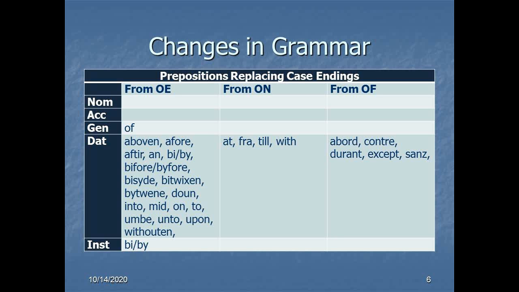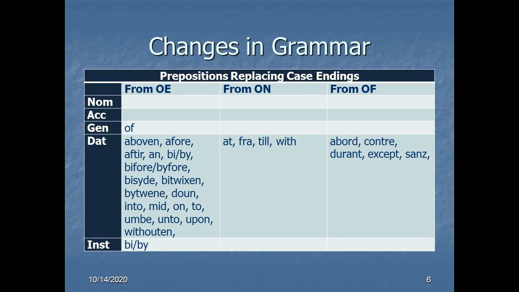So here are some prepositions that we have in Middle English, where they're from, and what grammatical cases they're associated with. Now, Old English, Middle English, and Modern English had and have no prepositions associated with the nominative or accusative cases, that is, associated with being either a subject or a direct object of a verb.